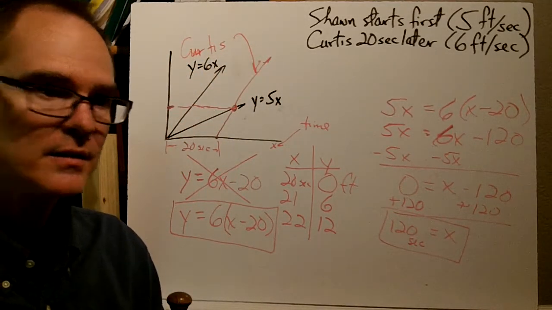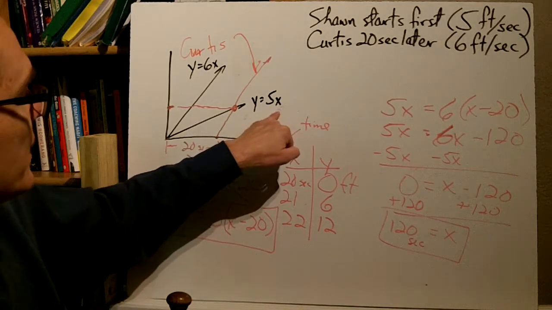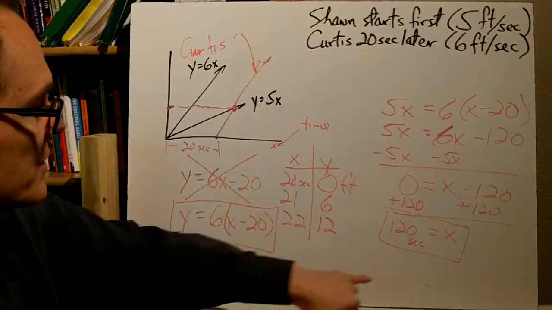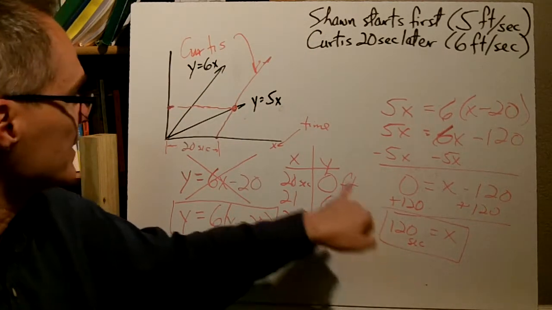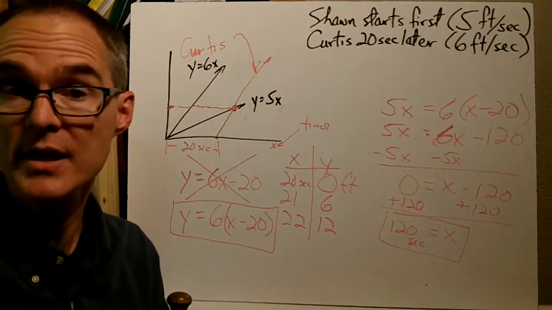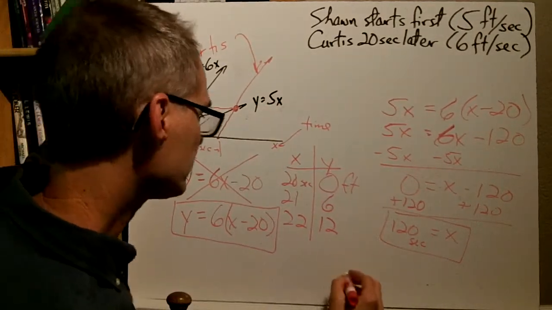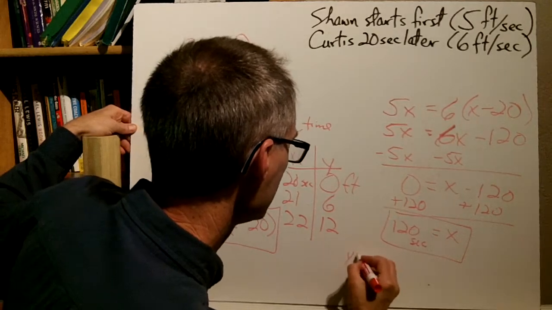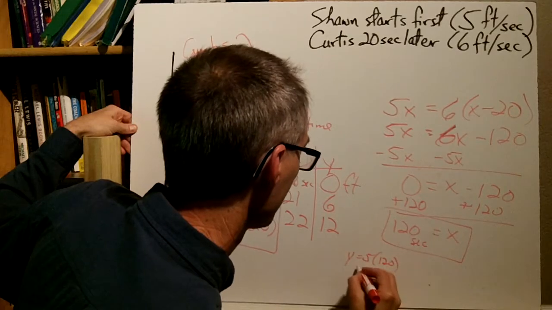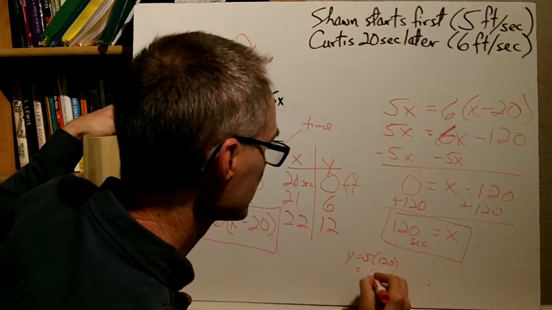If I want to check whether I have the correct answer, I know the equations for each of my two boys who are walking, Sean and Curtis. If I plug 120 into each of these two equations for x, I should get the same number, because that's where they walk the same distance. So let's try it. y equals 5x, so y equals 5 times 120. 5 times 120, that's going to be 600.